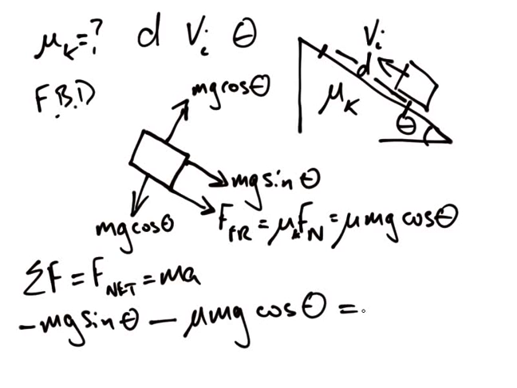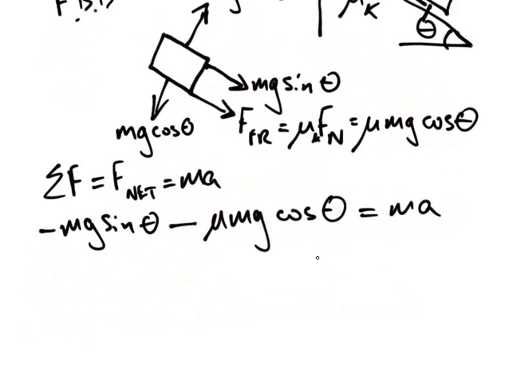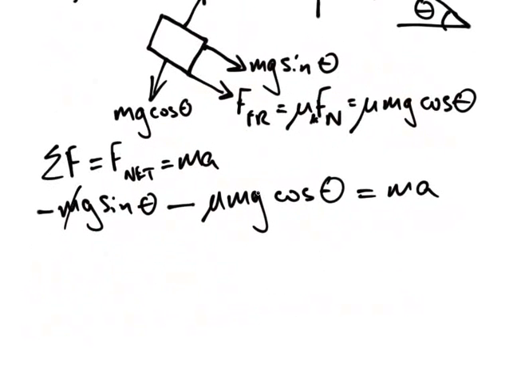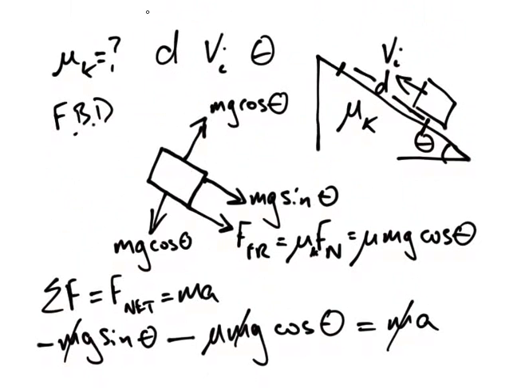So let's write down what our summation of the forces is. We have negative mg sine theta and also negative mu mg cos theta, and that's all going to equal ma. So now you see that it doesn't really matter what our mass is, our mass ends up getting cancelled out, and we have an equation for the acceleration.